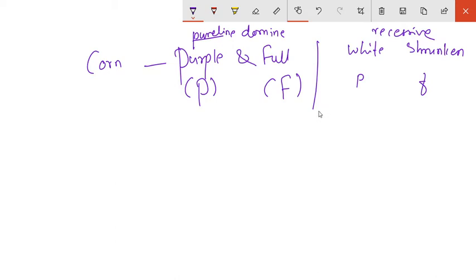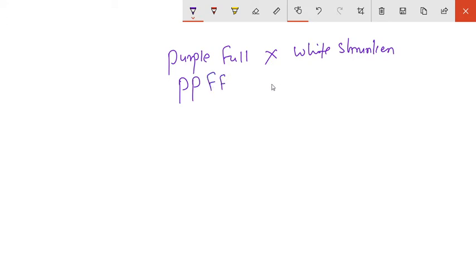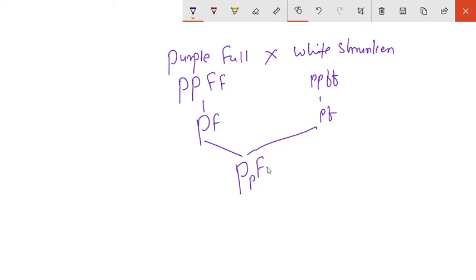Okay, so when there is a cross between them, the purple and the full is crossed with the white and shrunken. Okay, so capital P, capital P, capital F, capital F, when it is crossed with small p, small p, small f, small f, it produces capital P, small p, capital F, small f.